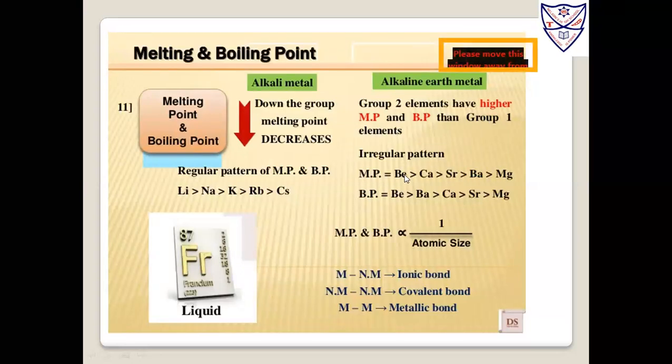So here is the sequence of the melting point: beryllium has a high melting point, then calcium, then strontium, then barium and magnesium. This you need to remember: as atomic size decreases, melting point and boiling point increase, or we can say as atomic size increases, boiling point and melting point decrease.